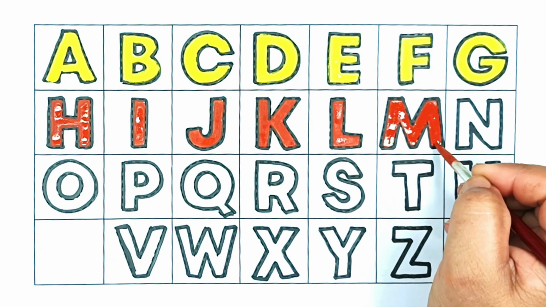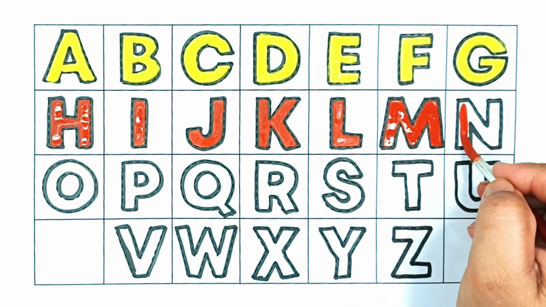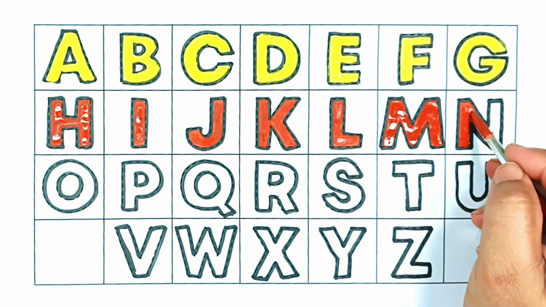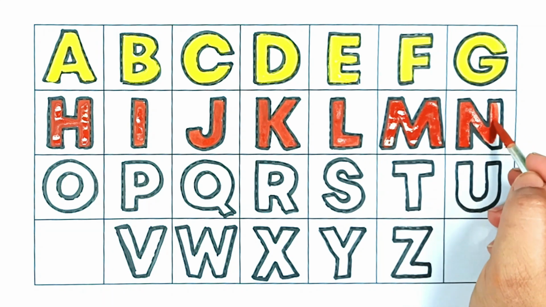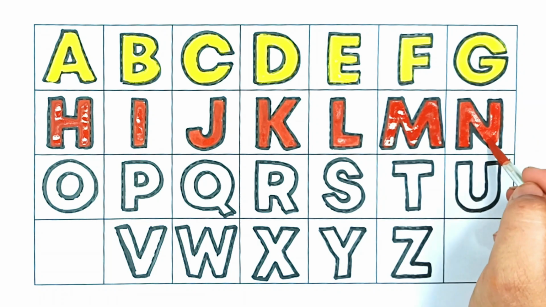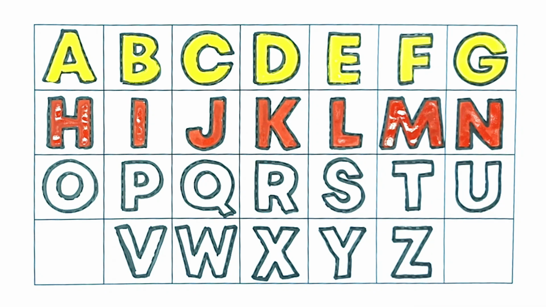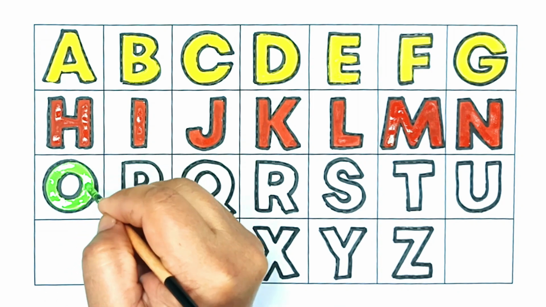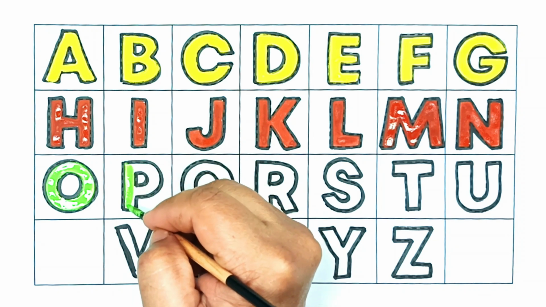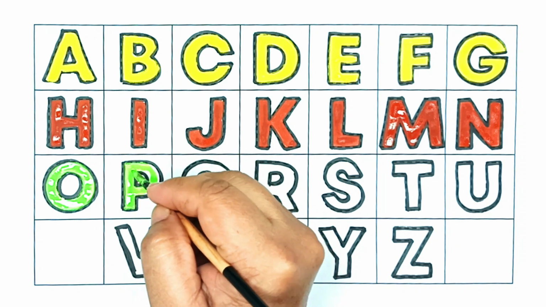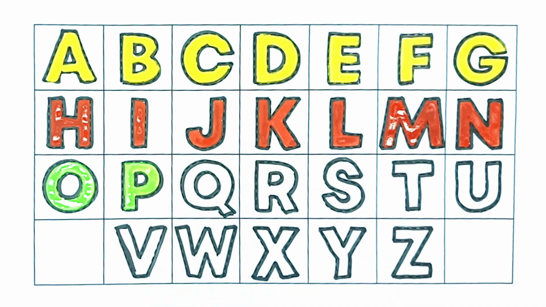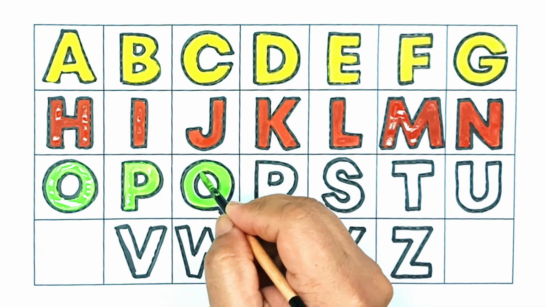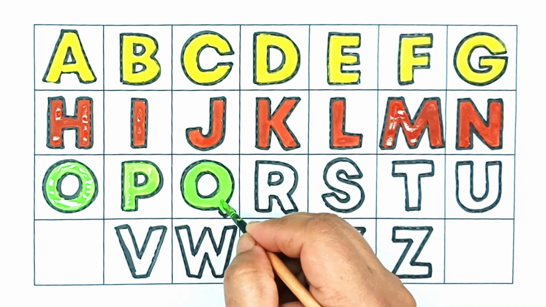M for man. N for net. N for net. O for onion. O for onion. P for pen. P for pen. Q for queen. Q for queen.